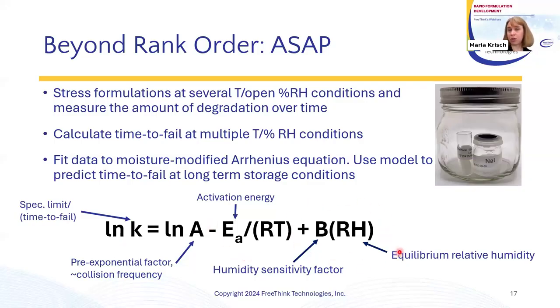And then there's also a moisture dependence for solid products. So you have RH as a variable, and this factor B is the humidity factor. We fit all the times to fail to this equation, we get a model, and that model is used to predict time to fail at the storage condition.